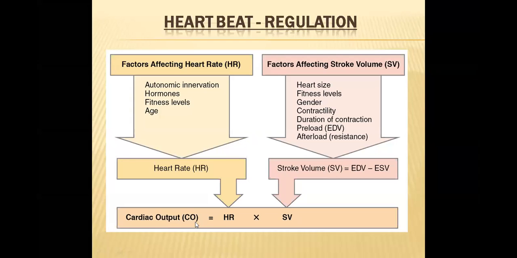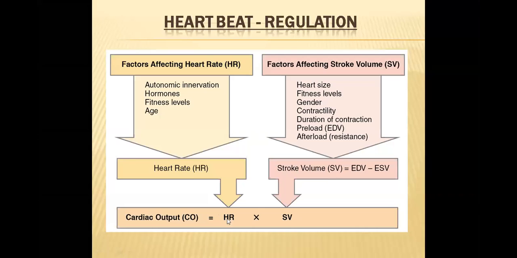And this is directly related to heart rate. If the heart rate is in the normal range and the stroke volume is also normal, then cardiac output will be normal. Cardiac output should be around 5 liters a minute. If the cardiac output, heart rate, and stroke volume are all normal, we can assume that the heart is functioning normally.